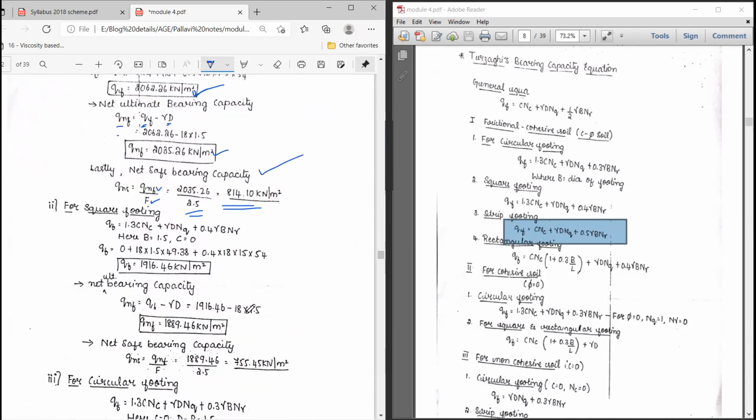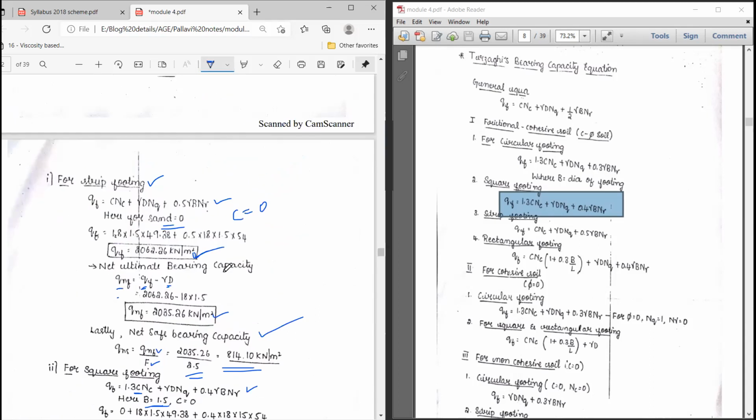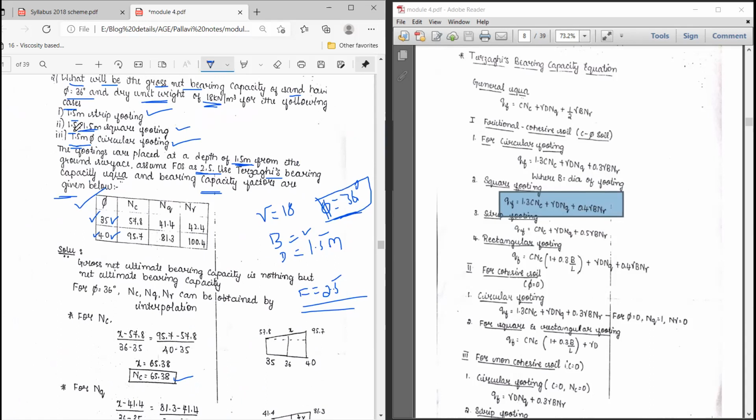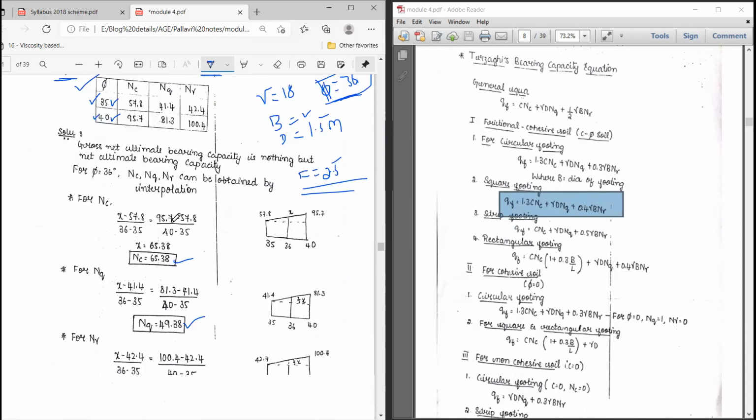In the same steps, you have to solve for square footing and circular footing. Here is the formula for square footing. So I copied the same formula here. 1.3 c into N suffix c plus gamma D into N suffix q plus 0.4 gamma into B into N gamma. All the data is available. Here also you can consider c is equal to 0, and B is equal to 1.5 because it is a square footing, given the dimension 1.5 into 1.5.